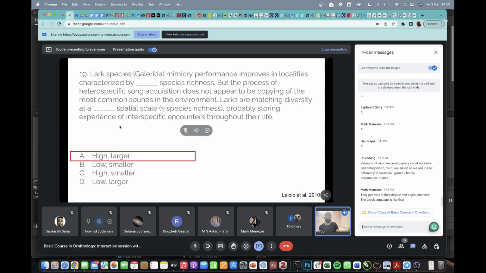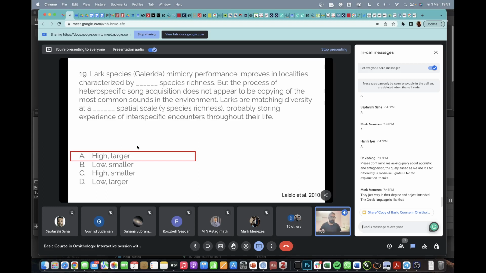The songs mimicked are usually not taken from a smaller scale. They are taken from a larger spatial scale, which is the scale of the site, not a transect. And that's what the answer says, that high and larger. So larks are matching diversity at a larger spatial scale, probably storing experience of interspecific encounters throughout their life.